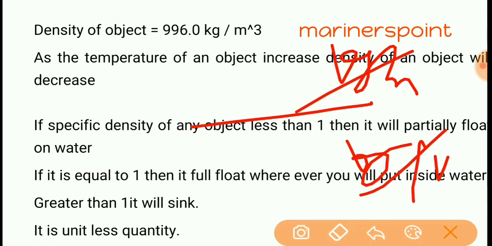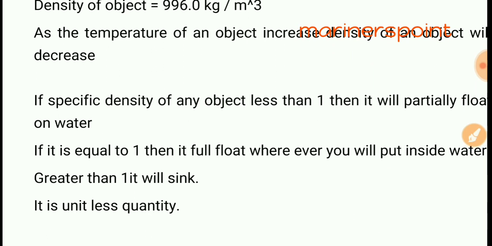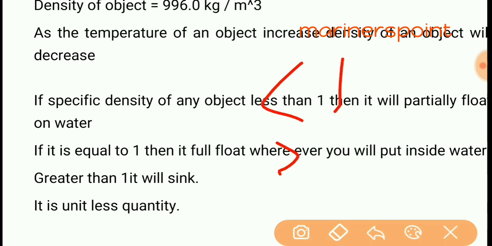What will be the value of specific gravity? It will be less than 1, greater than 1, or equal to 1.